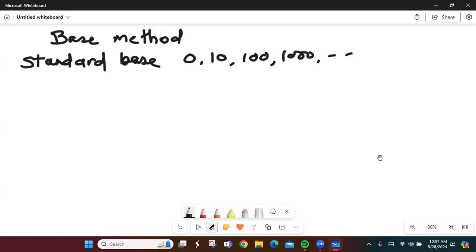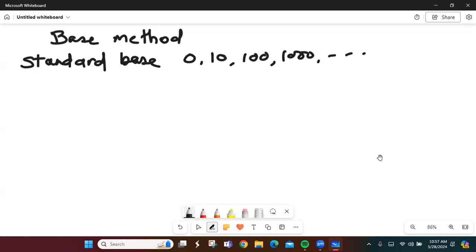All these are the standard bases. And sometimes we can use non-standard bases also. And obviously, I'll make it clear when to use standard base and when to use non-standard base, and if you are using non-standard base, how there will be a slight change in the method of calculation.